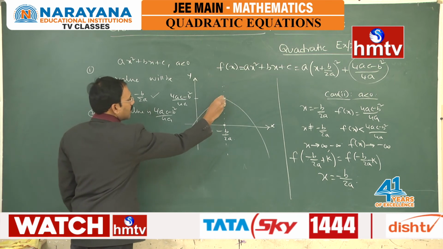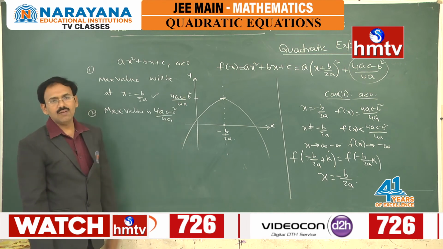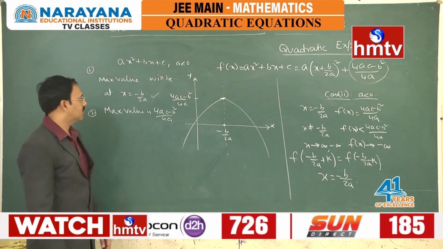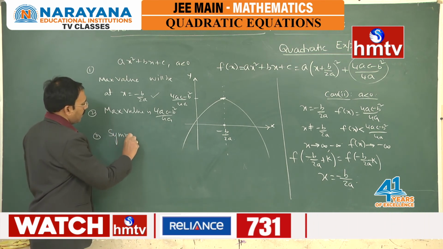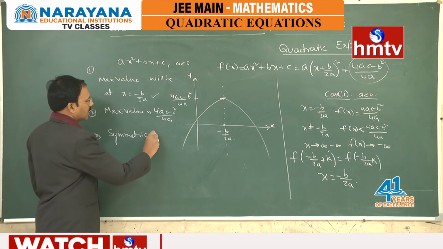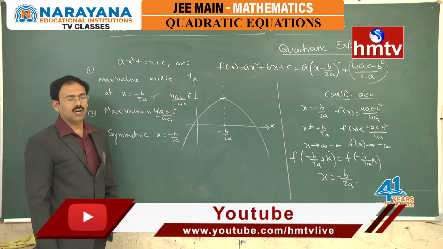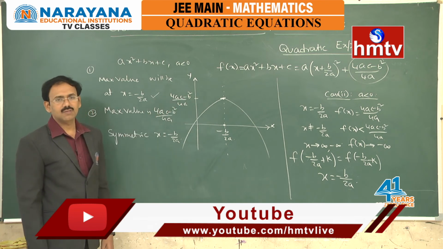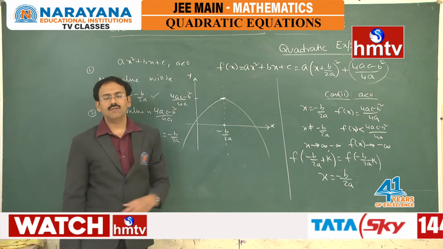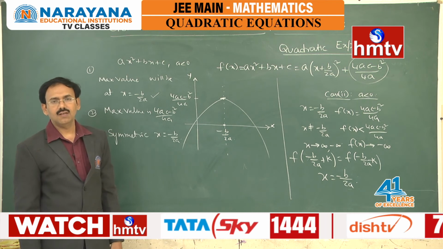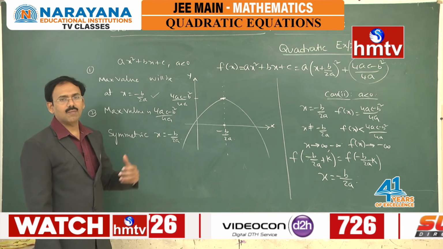You see, this is the maximum value which is possible when x is equal to minus b by 2a, and that value is 4ac minus b square by 4a. And the curve is symmetric about x is equal to minus b by 2a, and it is a smooth curve because the derivative is possible everywhere. So, these are the observations about the graph of the curve ax square plus bx plus c, where if a is positive, upper parabola, a negative, down parabola.